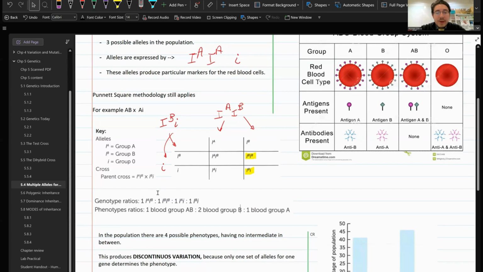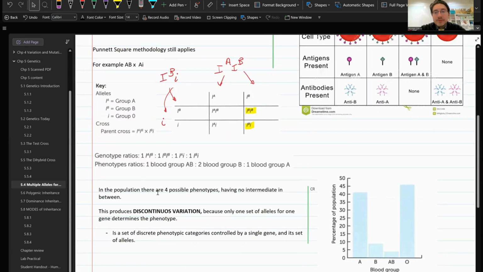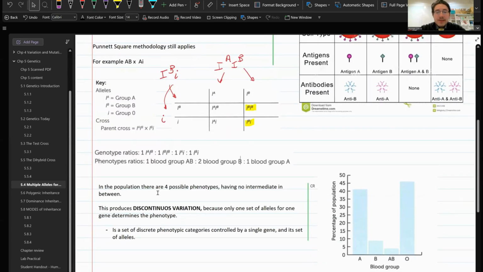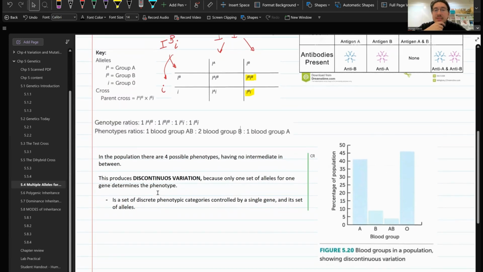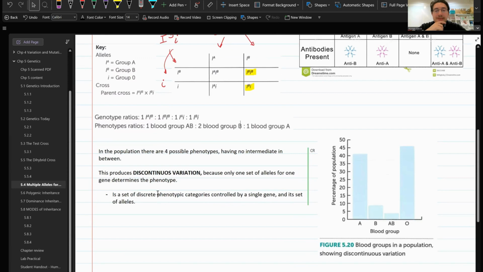So in the population, there are 4 possible subtypes, and there's no intermediate. We're going to get into intermediate forms of certain traits later on. This type of inheritance pattern, having many alleles, is referred to as discontinuous variation in the population. What discontinuous means is that there's no gradient.